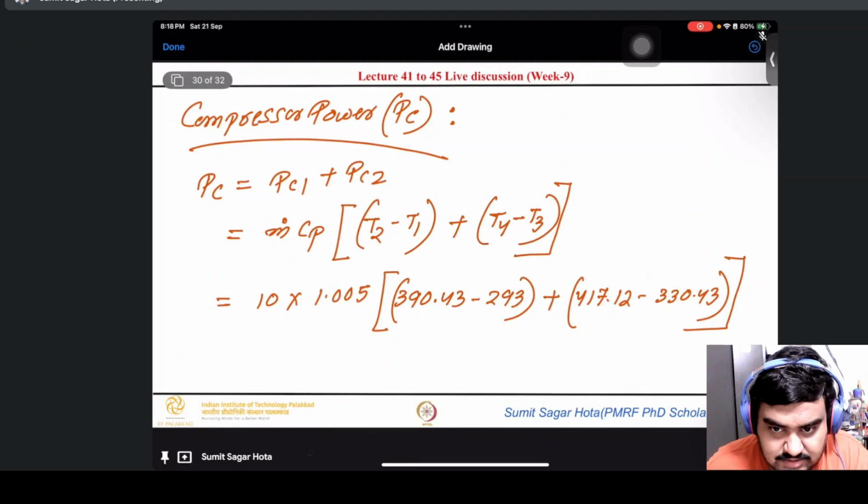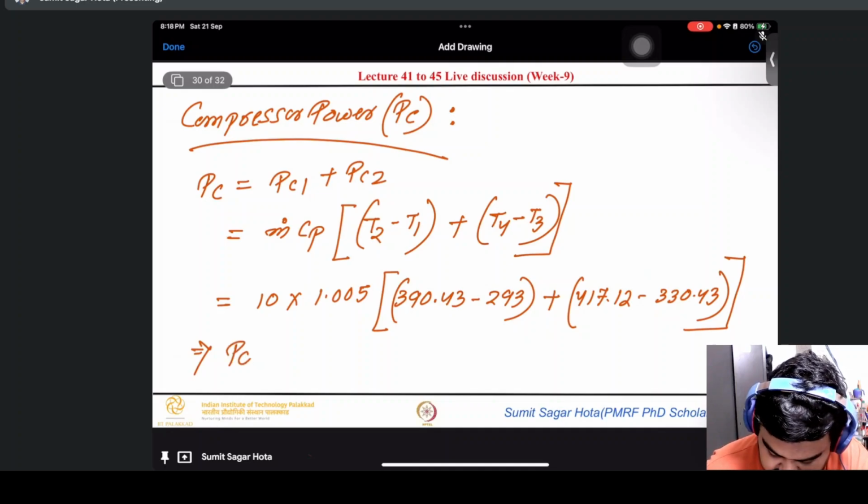Now you have to just calculate all these values, and by solving you will get the compressor power in kilowatt as 1850.406 kilowatt.